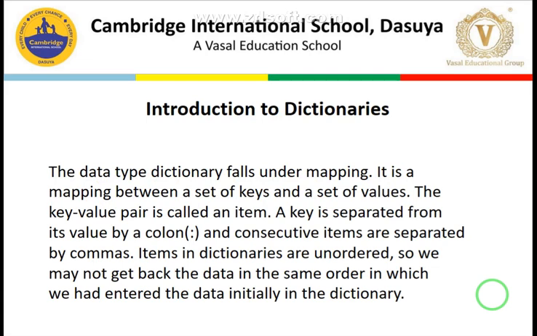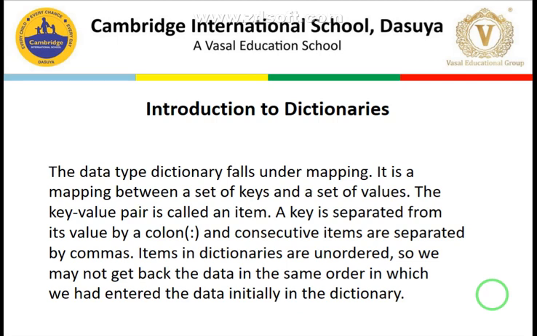Then in dictionary we focus that a dictionary consists of items, and each item consists of a pair, a key and a value. A key is separated from its value by a colon, and consecutive items, one after another, are separated by commas.